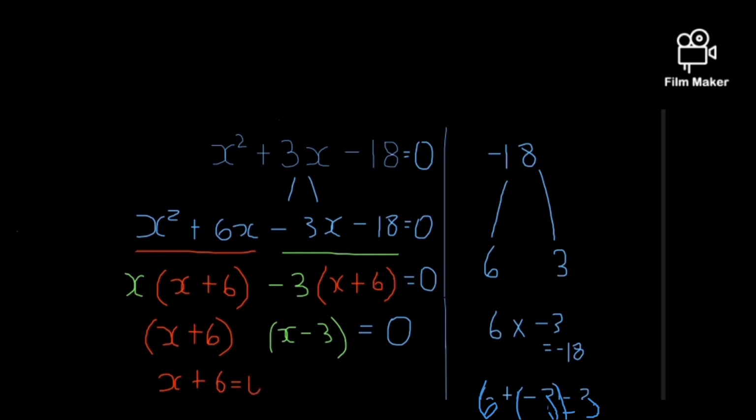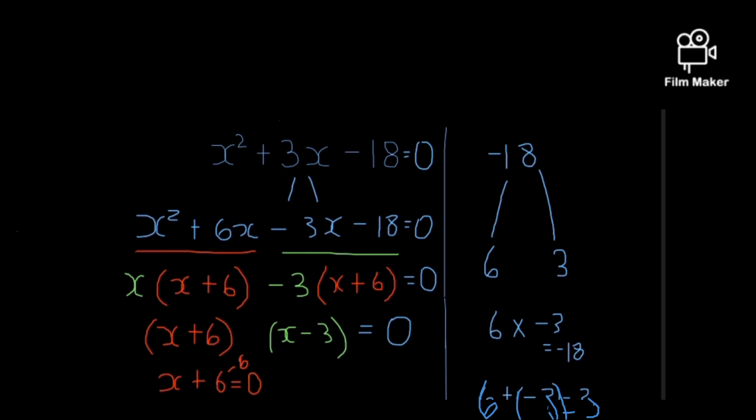So what is the value of x? To get what x is, we'll have to subtract this plus 6. We'll have to subtract this plus 6, and so we'll have x alone left on the left side of the equation. And what we do to one side, we must also do to the other side, right?